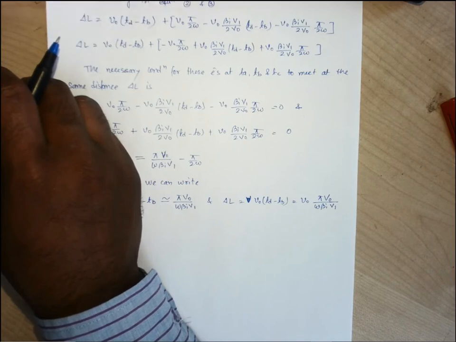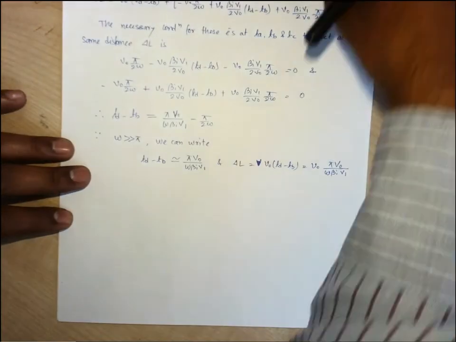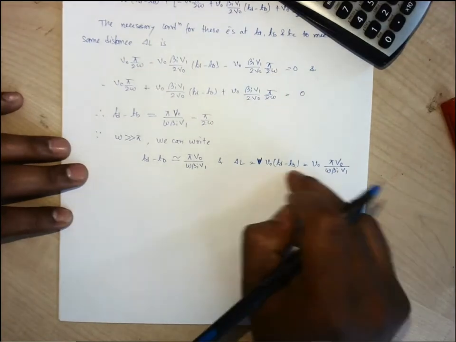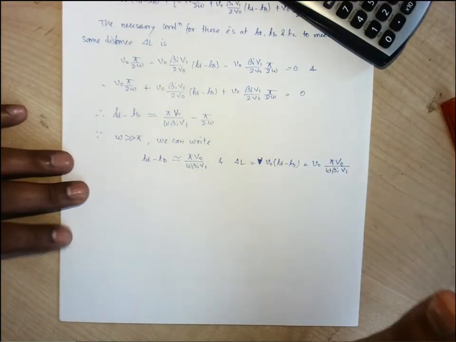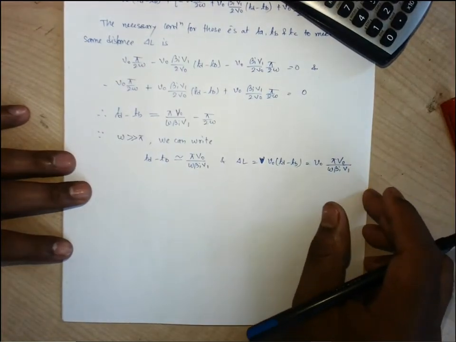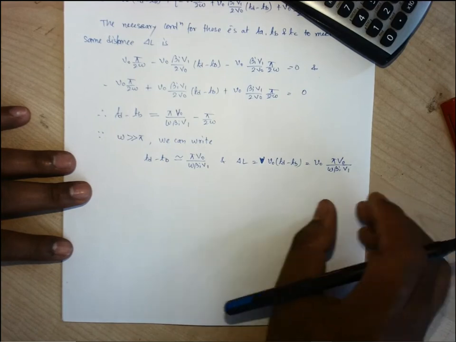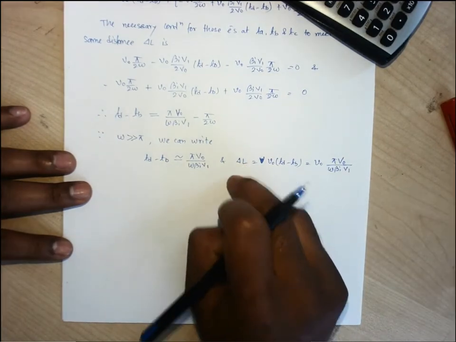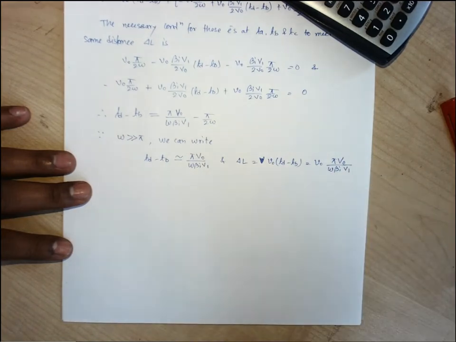Now let us go further. This is the del L which has been covered by all three electrons. Now this is the bunching location. What is the gap between the catcher and buncher cavity?